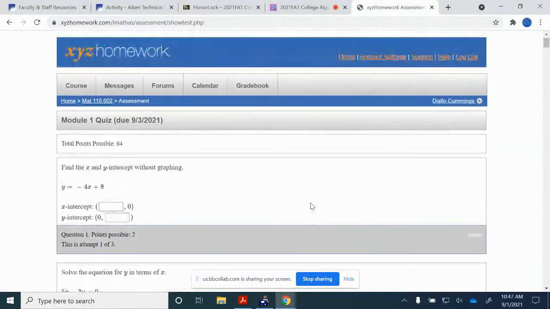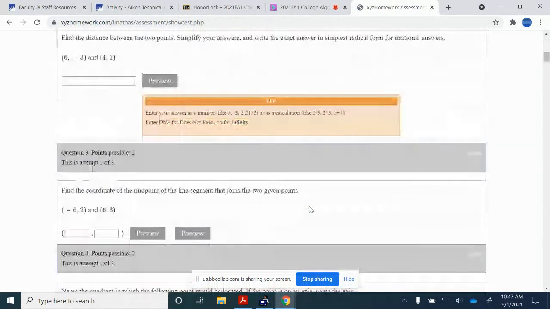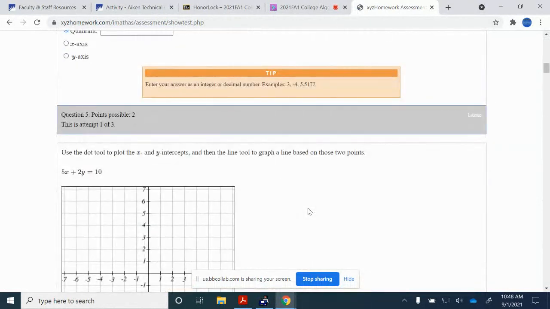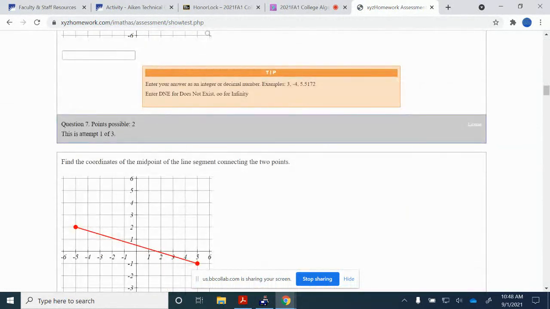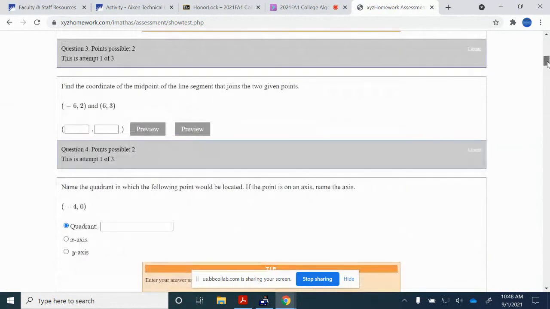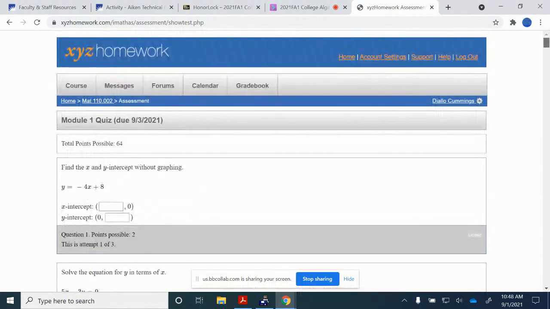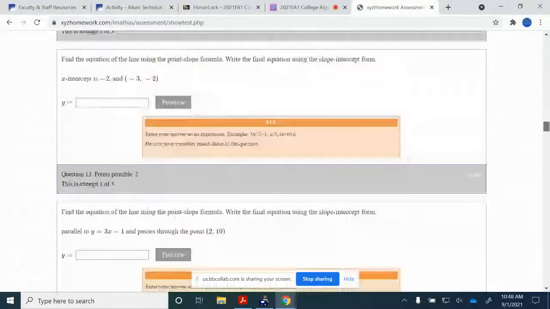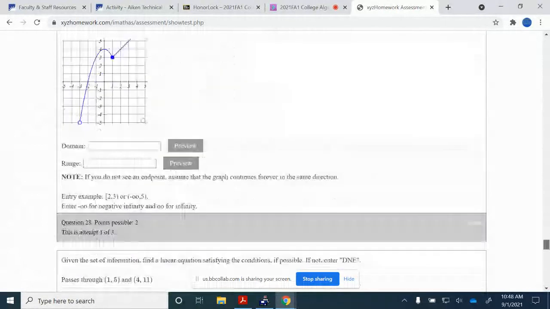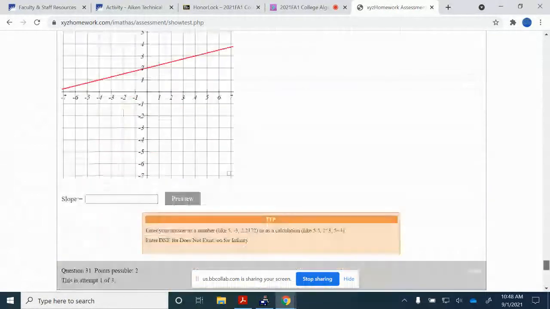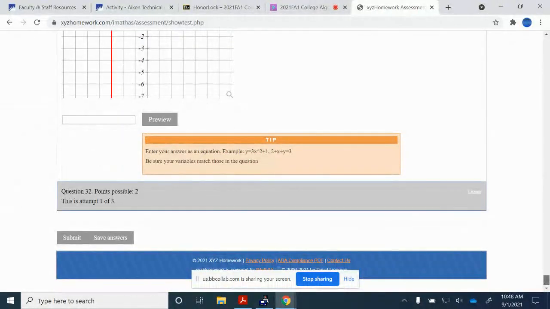It says total possible points 64. Oh, there are 32 questions on the module 1 test.